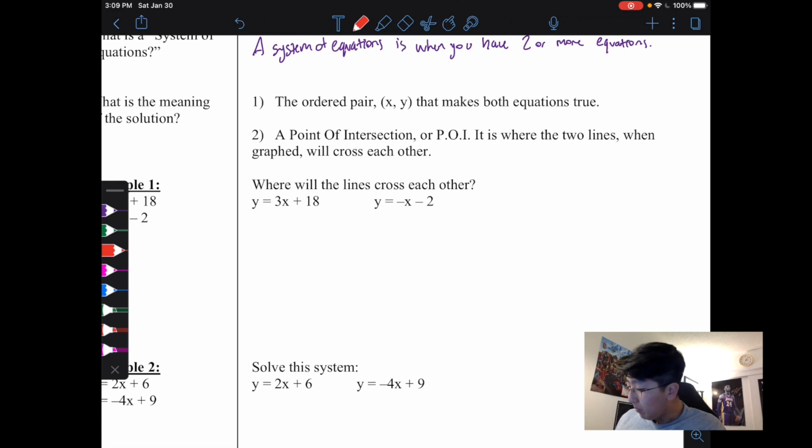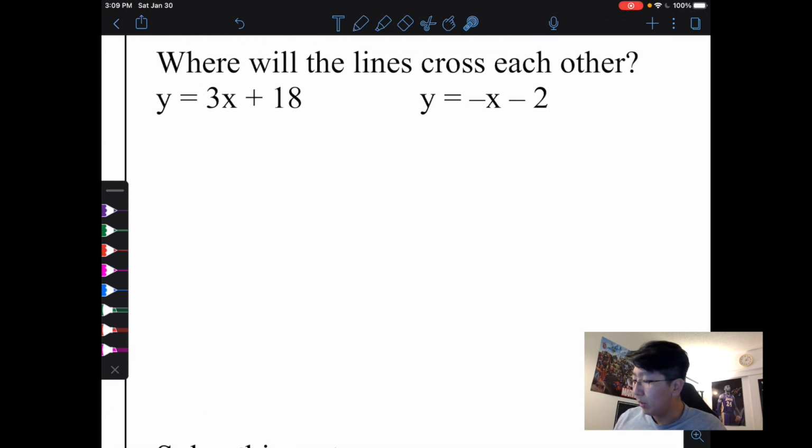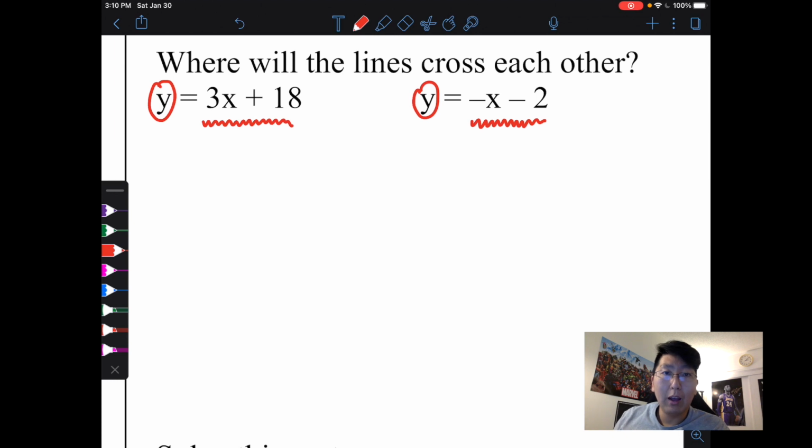Let's take a close look at this. We can see y equals 3x plus 18, and here y equals negative x minus 2. The concept I want you to walk away with is that if y is isolated on both equations, y is by itself, and y equals 3x plus 18 and y equals negative x minus 2, that means these 2 values, 3x plus 18 and negative x minus 2, are where the lines will meet when we graph.